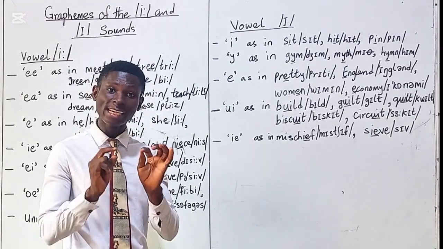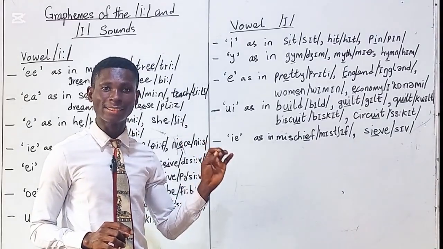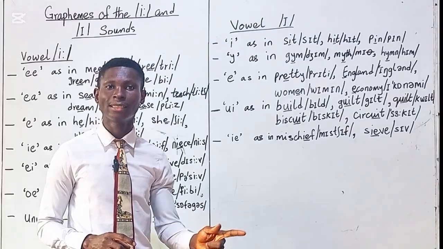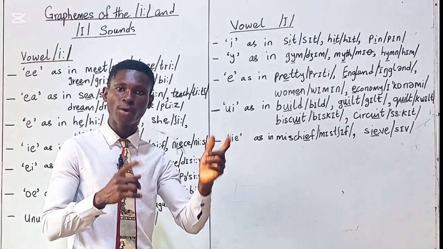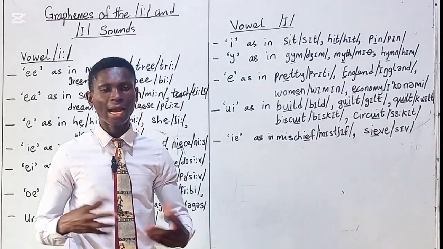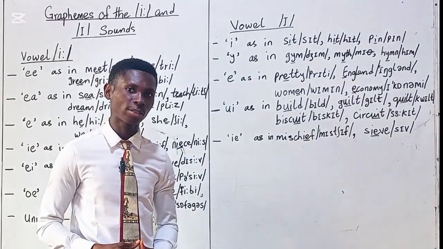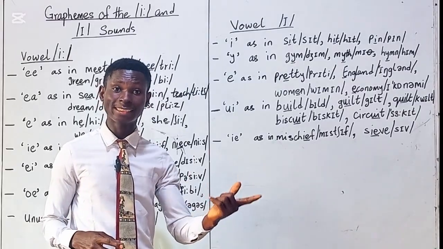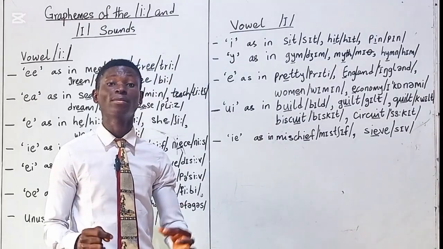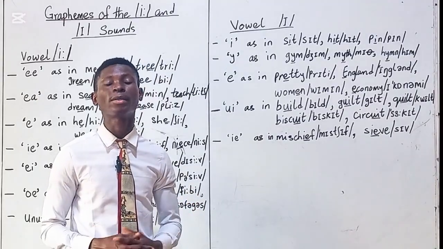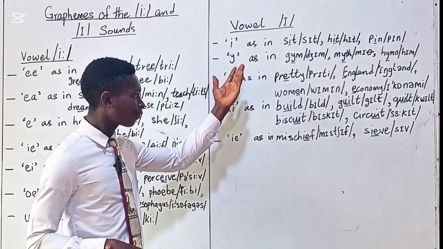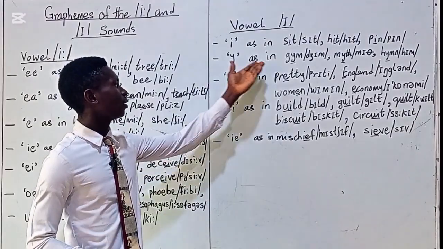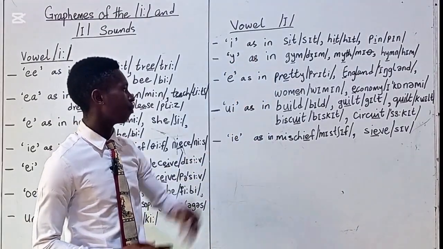That is to say, in some cases, letter Y represents a consonant, like the words yam, yellow, and many other words. Letter Y, we all know, is a consonant letter, but sometimes it can also represent a vowel sound. For instance, in this case, we have Jim, Smith, him.